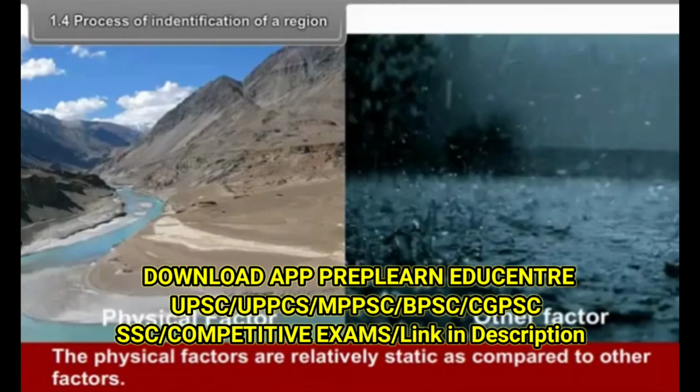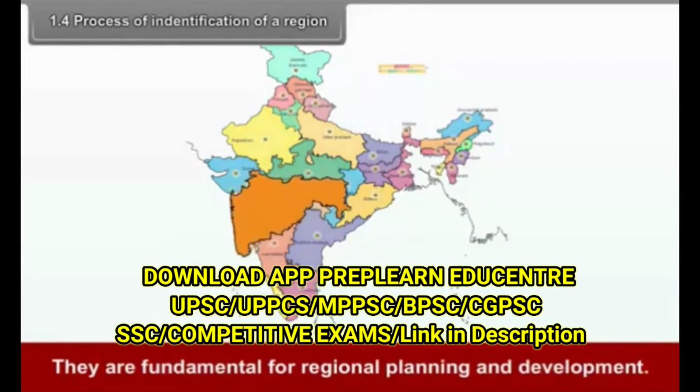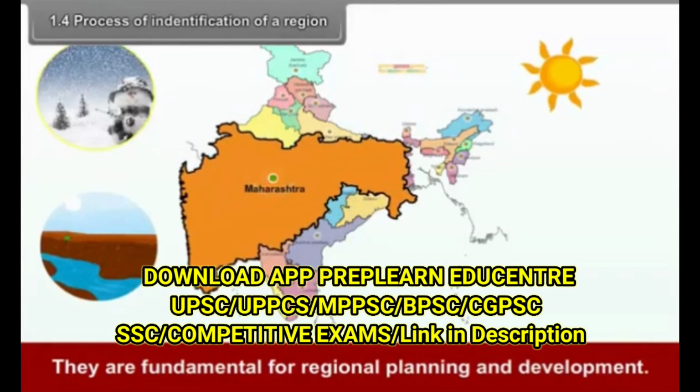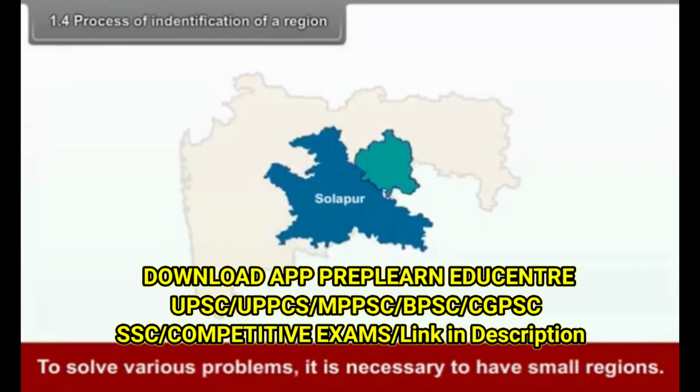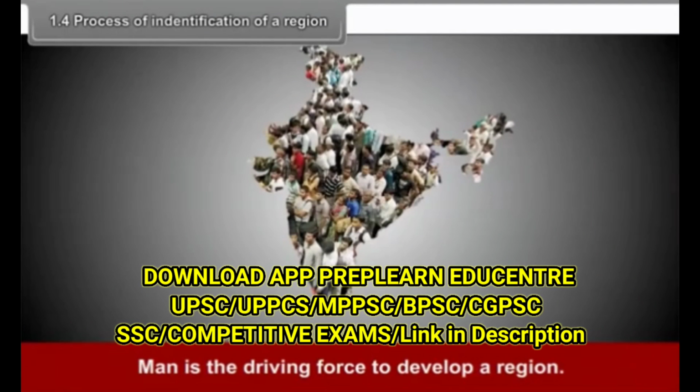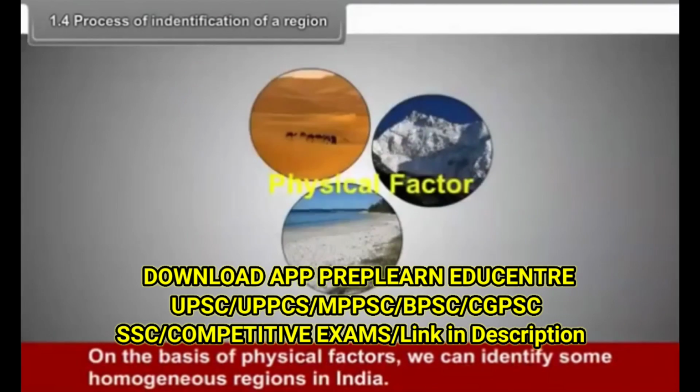The physical factors are relatively static as compared to other factors. They are fundamental for regional planning and development. To solve various problems, it is necessary to have small regions. Man is the driving force to develop a region.